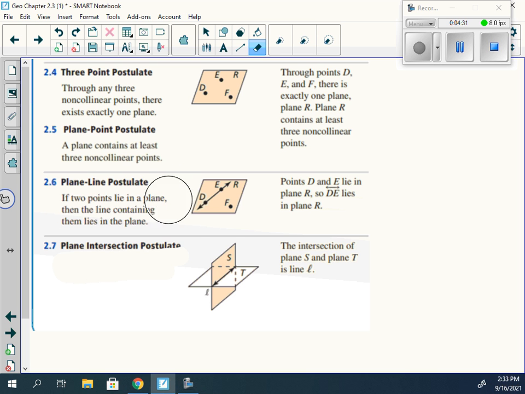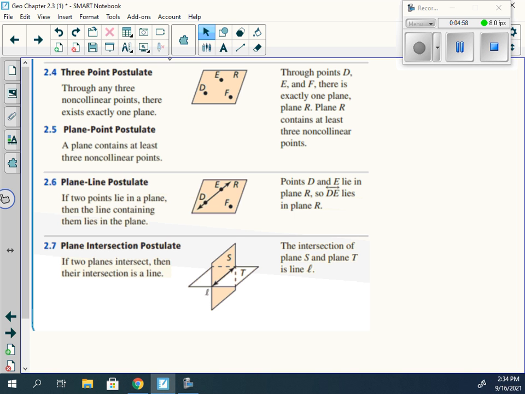The plane line postulate states if 2 points lie in a plane, then the line containing those points is in the plane. So we can use 2 points on the plane to make a line, and that line will also be contained in the plane. And last but not least, the plane intersection postulate states that if 2 planes intersect, their intersection is a line. And that's it.